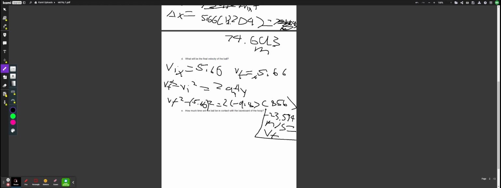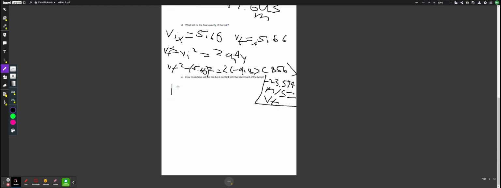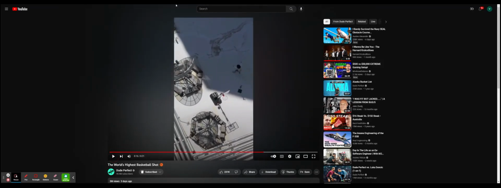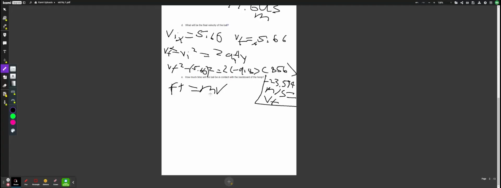So we can use an equation we know as Ft, force times time, is equal to mv. As you saw in the video earlier, the ball hits the backboard and stops for a moment.